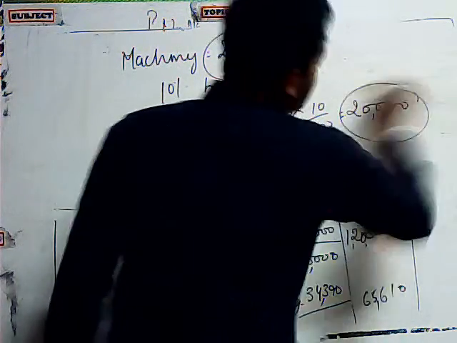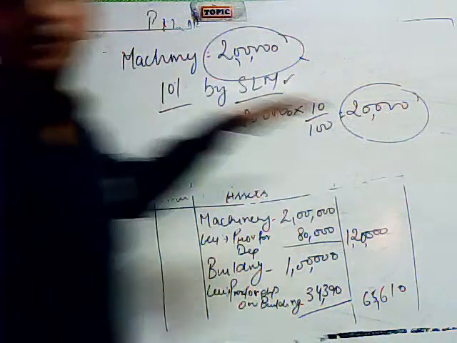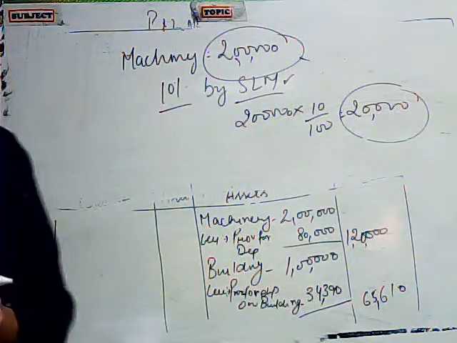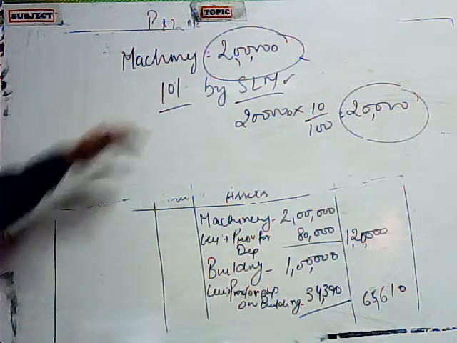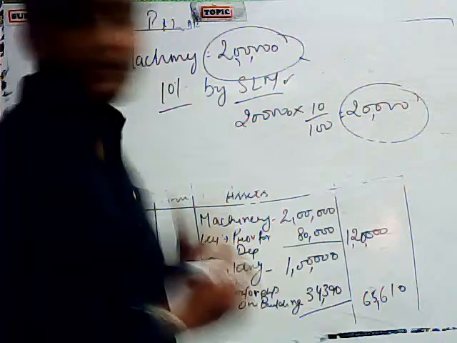So every year we have to charge 20,000, at the beginning or at the end of the year, with the help of the straight line method.